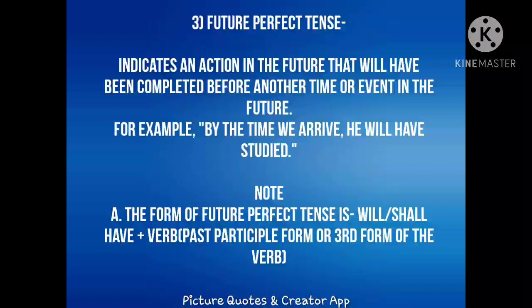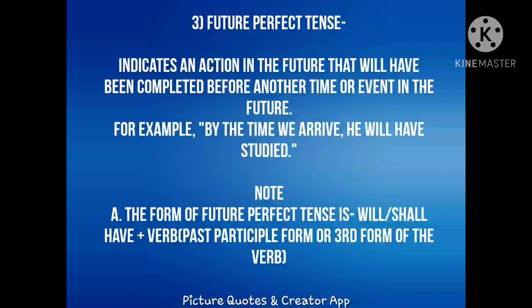There are two actions in the future, two completed actions. The first completed action can be said in future perfect tense. Look at that. By the time we arrive, he will have studied. By that time it will be completed. That's the meaning. So future perfect tense can be used to indicate an action completed before another time.